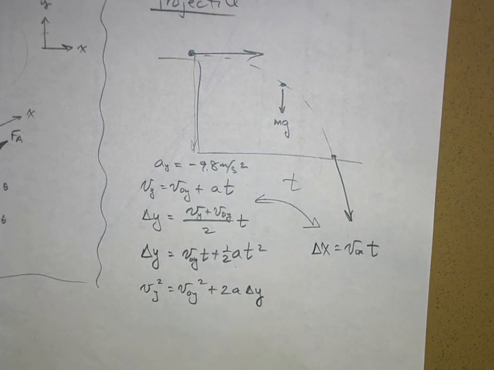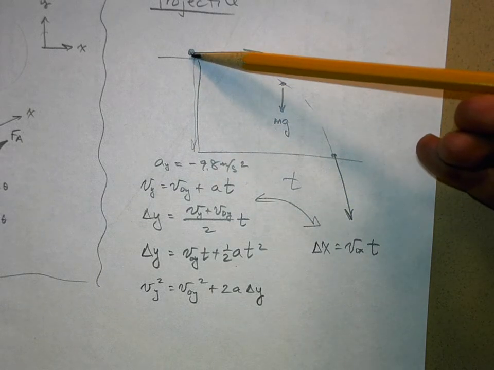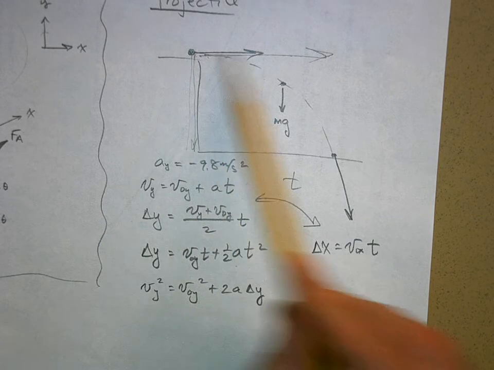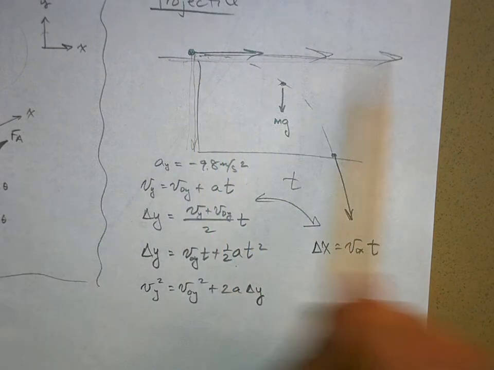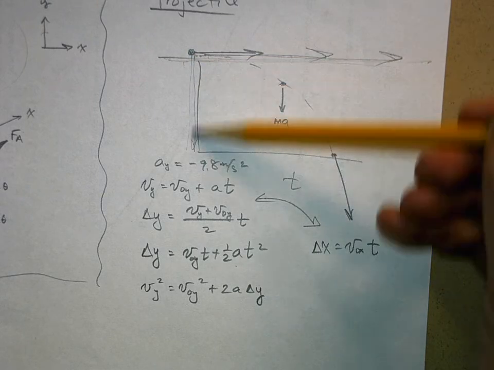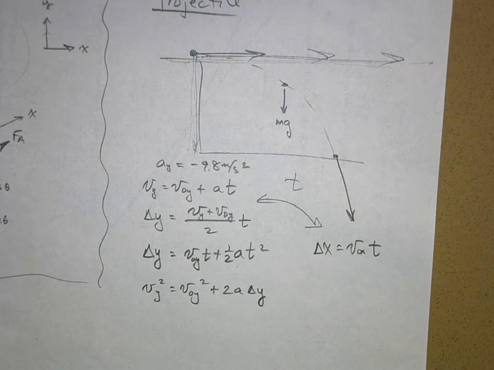Now here's one of the hints. Usually you can find the time by knowing how far it falls down. Doesn't matter how fast it's going. Doesn't matter what the initial velocity in the x direction is here. The time it takes for it to fall down is the same. I mean, if you shoot a gun and you point the gun horizontally, how long does it take for the bullet to hit the ground?